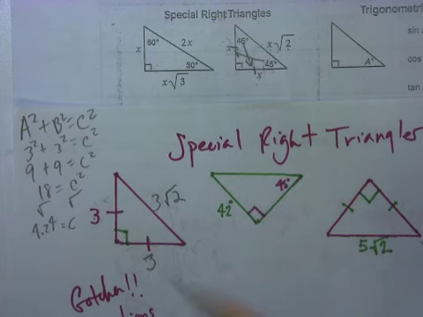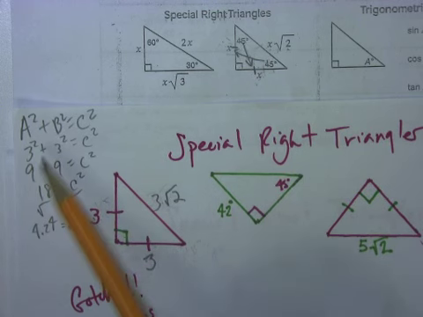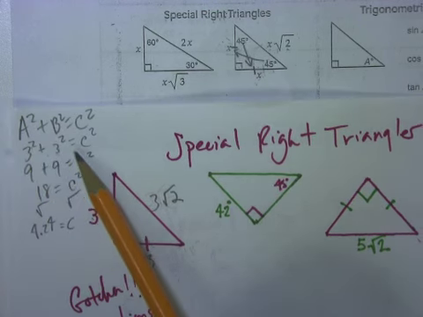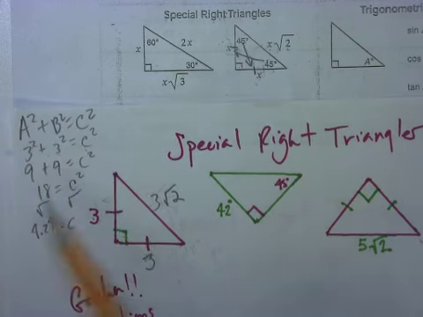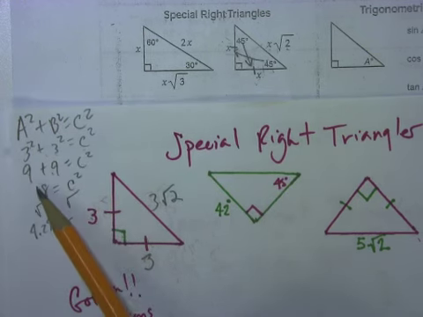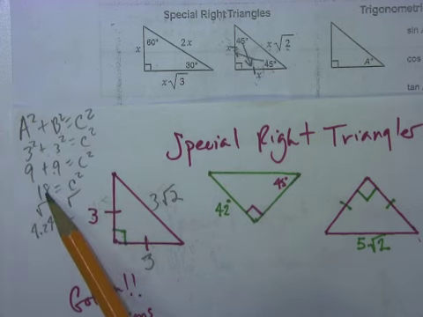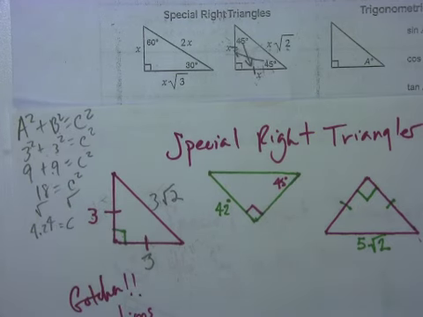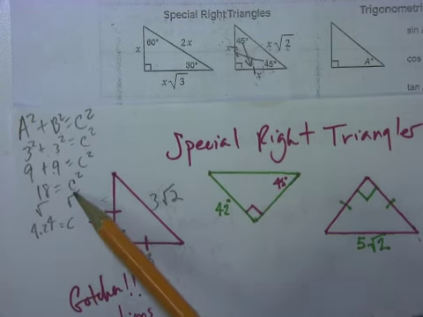These are my two legs, and this is my hypotenuse. In theory, a squared plus b squared should give me c squared. So I have 3 squared plus 3 squared equals c squared. 3 squared is 9, and 3 squared is 9, and 9 plus 9 is 18, which equals c squared.